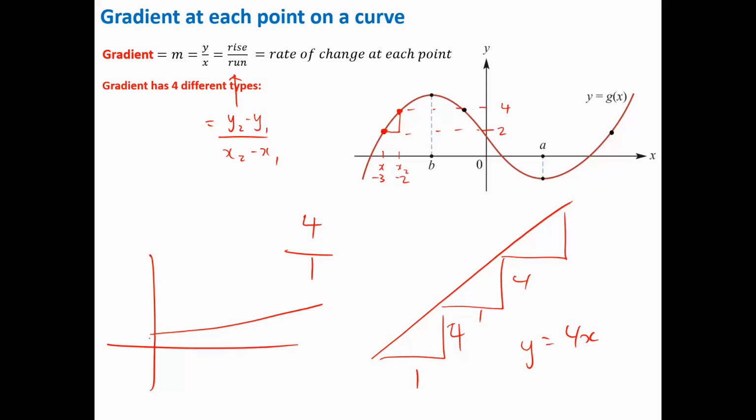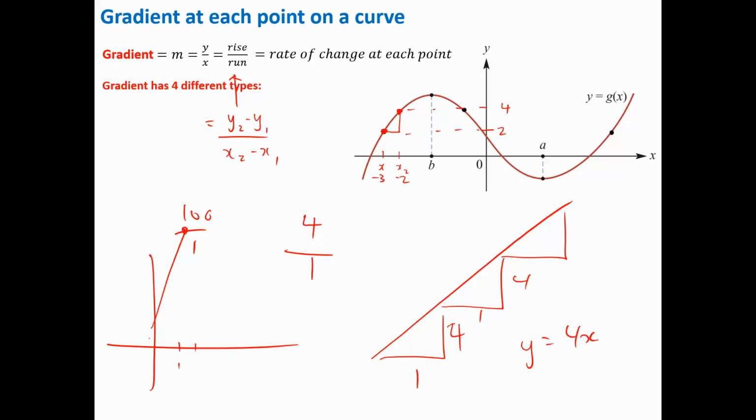Then you see a flatter ground, which is why when you have 1 over 100, we say that's a very flat gradient, because the rate is so slow for it to increase. Whereas if I switch that around and I said 100 over 1, that would imply that for every 1 unit, I'm now skyrocketing up, which is why you'd say it's very steep.